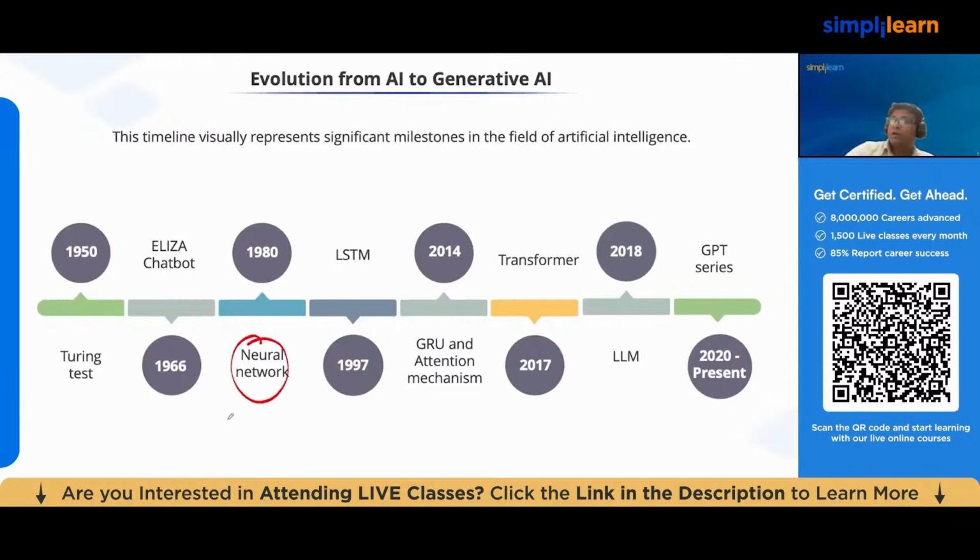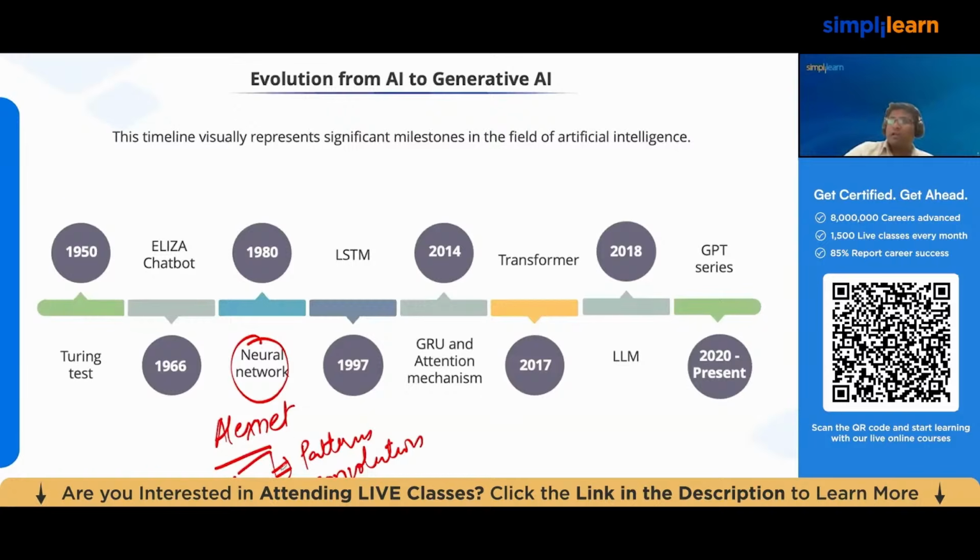In the 1980s, neural networks became very popular, with the evolution of AlexNet. That was the major breakthrough. It helped to recognize images, and from the images we could recognize patterns, using neural networks, or what we call convolutional neural networks, CNNs. If an image is input to a convolution layer, it will analyze the patterns, and from those patterns identify whether the image is of a dog or a cat.